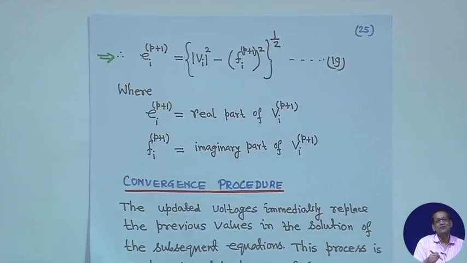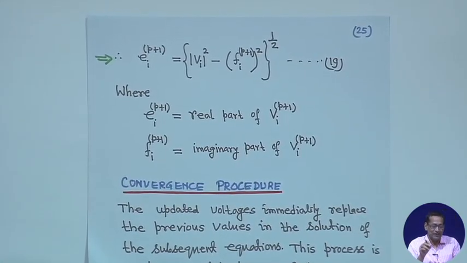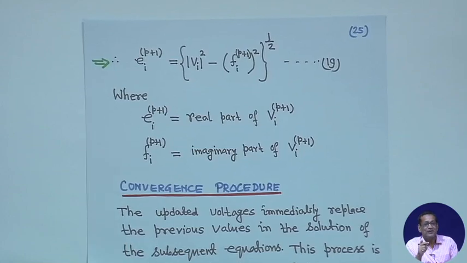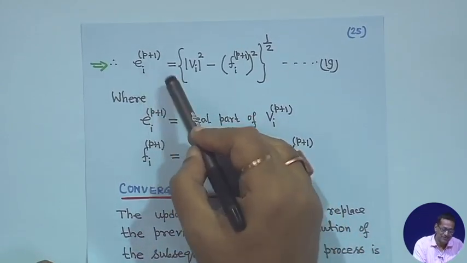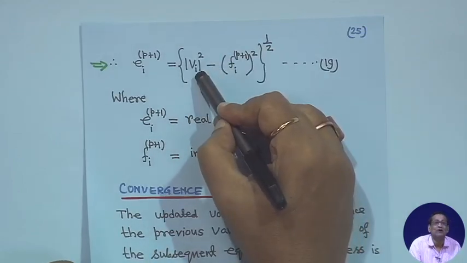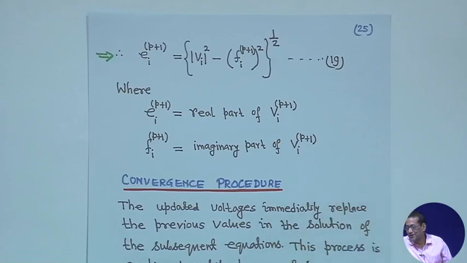In general we will find what V2 is, but that is not the exact V2, because we have to maintain the voltage magnitude. That is why the imaginary part will be retained and the real part of the voltage will be computed using this equation, so that the magnitude remains constant. This is the idea for the PV buses.